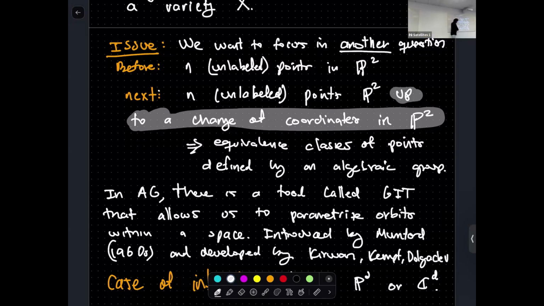You can move from the problem in which you do not consider the change of coordinates to the case up to change of coordinates by a technique in algebraic geometry, which is very well known at this point, called geometric invariant theory, or GIT. What it does is allow you to parameterize orbits within that space. It was introduced by Mumford in the 60s, developed by several people, Kempf, Dolgachev, and so forth.